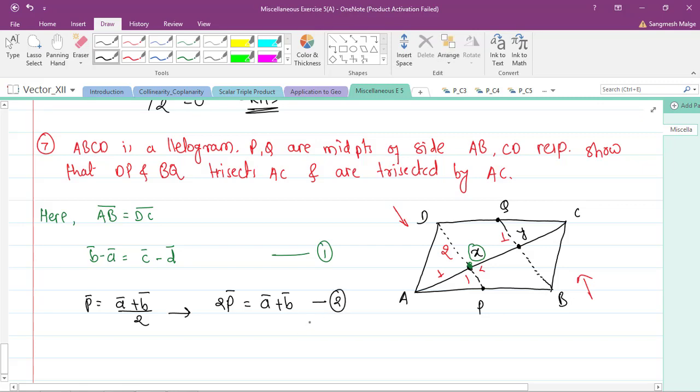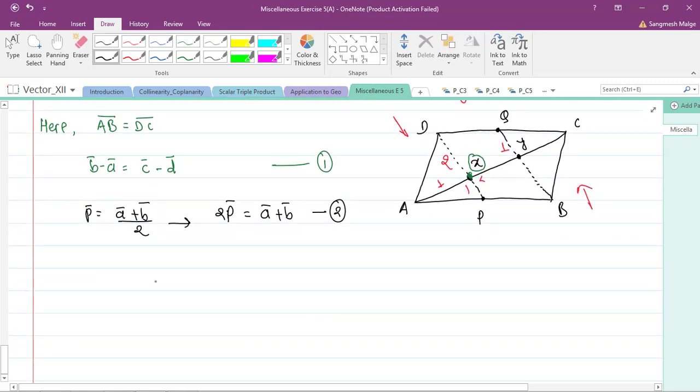And Q bar is the midpoint of DC, so small q bar is equal to C bar plus D bar by 2, implies 2Q bar is equal to C bar plus D bar, equation number 3.